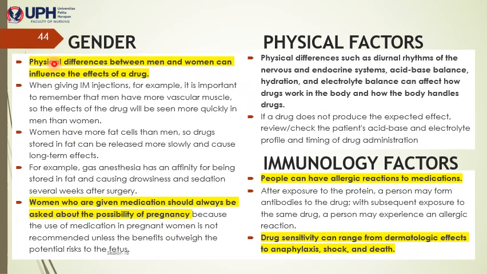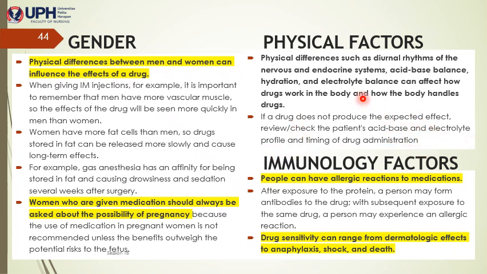Next one is gender. Physical differences between men and women can influence the effect of drugs. An IM given to men is more effective than to women. And also for women, we need to consider the possibility of pregnancy, as some medications are not safe for pregnant women. We also need to consider physiological factors such as the nervous and endocrine systems and acid-base balance, because some of the drugs will cause an effect on the acid-base and electrolyte levels.